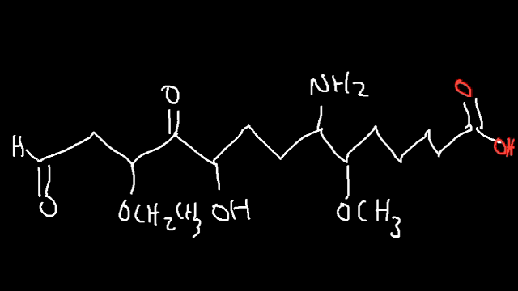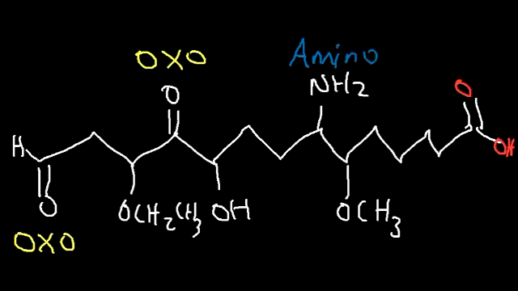So everything else is going to be substituents because the carboxylic acid has the highest priority in this molecule. So, as a substituent, the aldehyde and the ketone are referred to as oxo. Now, for the amine, you would call it amino. And for the OH, if it's a substituent, it's called hydroxy.